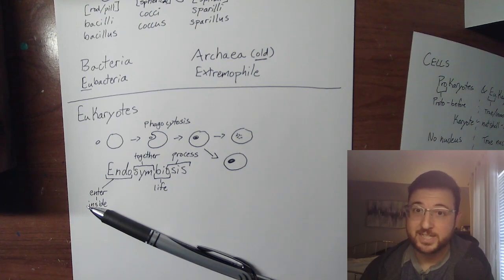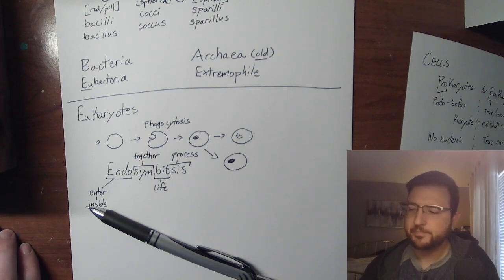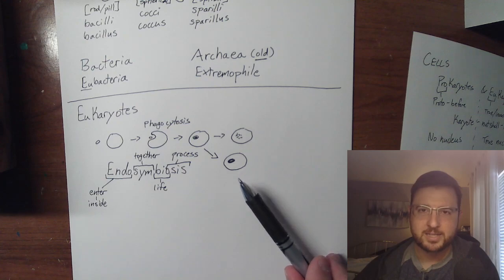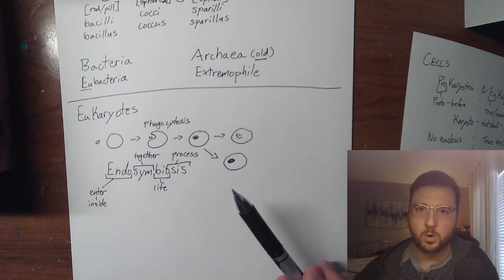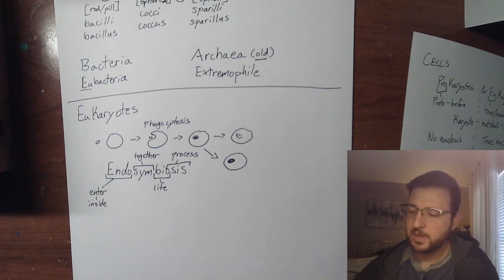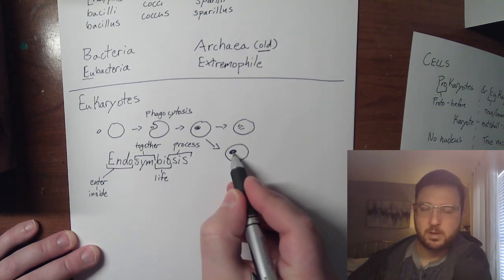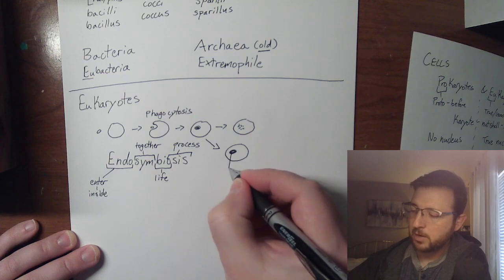That's a pretty crazy and bold claim, I think, but that is what we think as scientists, as biologists, has happened. We think that one cell got swallowed by another and is now living inside of your cells. We think that this cell evolved into mitochondria.